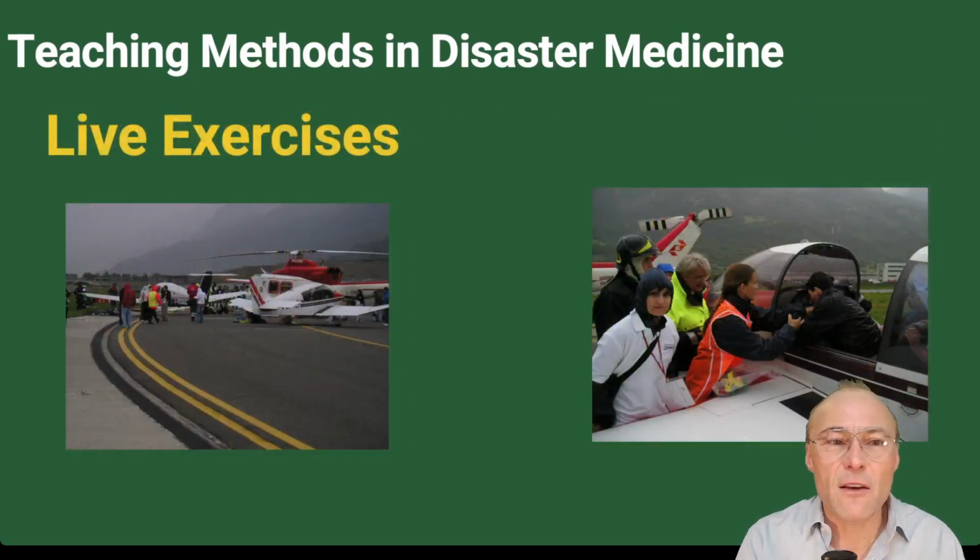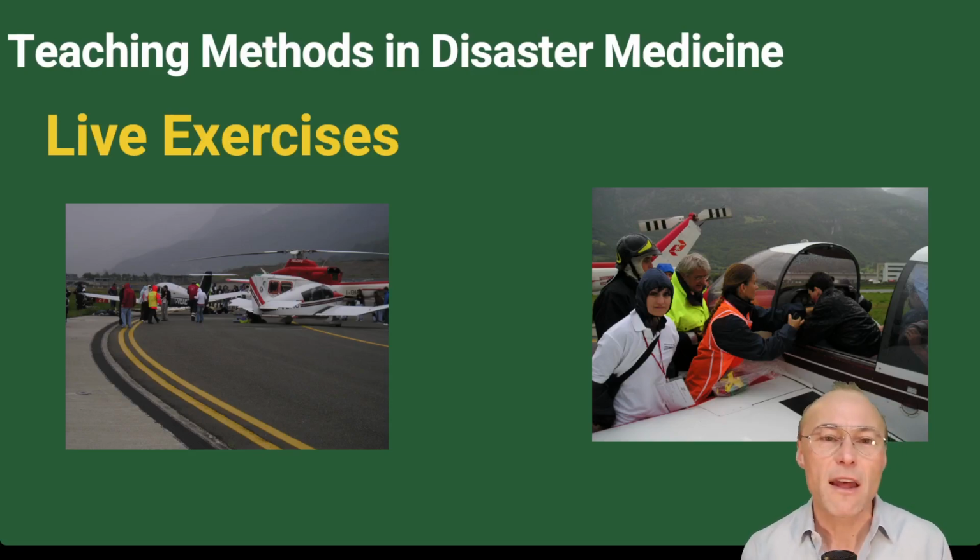And finally, the final training exercise is really these live exercises where you bring in simulated disasters. And these can be very interesting. They can sometimes reveal amazing things that you wouldn't otherwise think of. I saw in one disaster simulation that the disaster plan had called for the ambulances to park outside and wheel the patients in on stretchers into the ambulance bay.